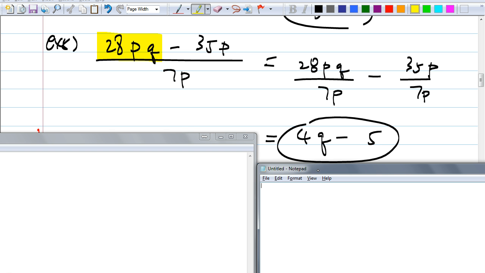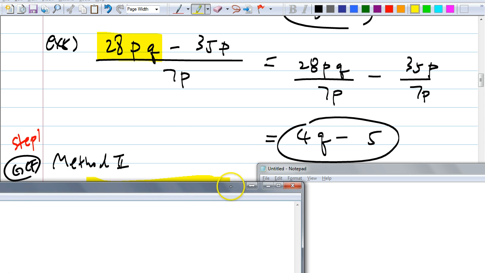Now, how many people tried method 2? Everyone should have, right? Melissa, can you tell me what's step 1 for method 2? We have to factor the numerator. So what's the GCF of the numerator? 7p. Would you all agree?